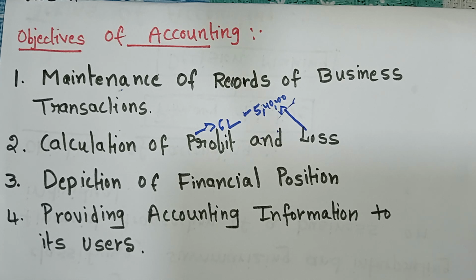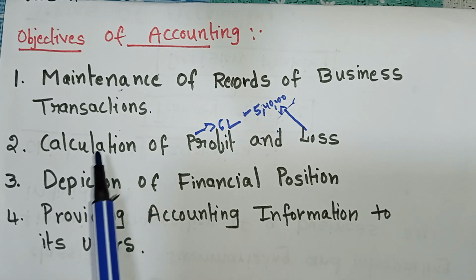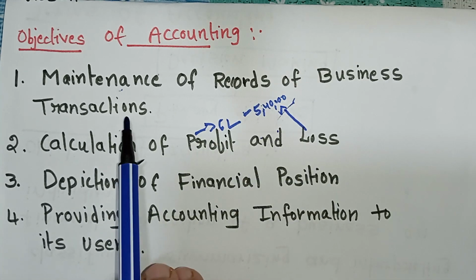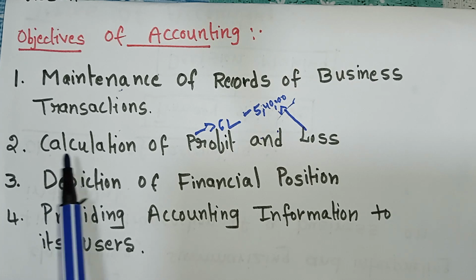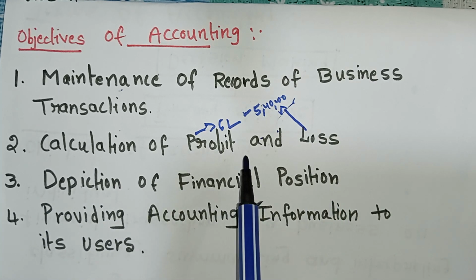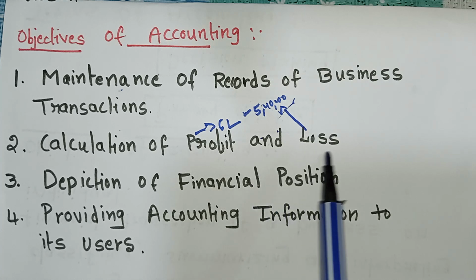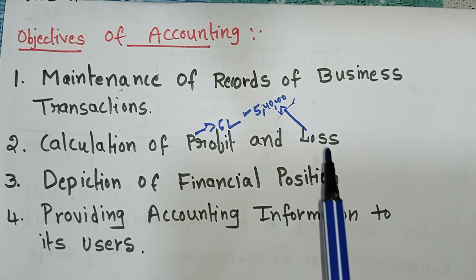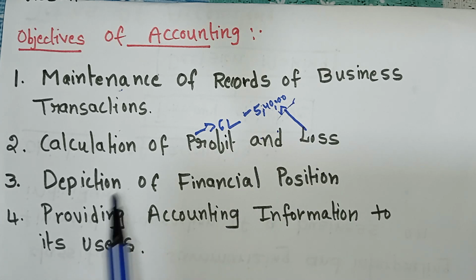These are the objectives of accounting. One more time I will tell you. First one is maintenance of records of business transactions, and second one is calculation of profit and loss. Here we have to prepare the profit and loss statement. It will give the details whether an organization has incurred profit or loss.